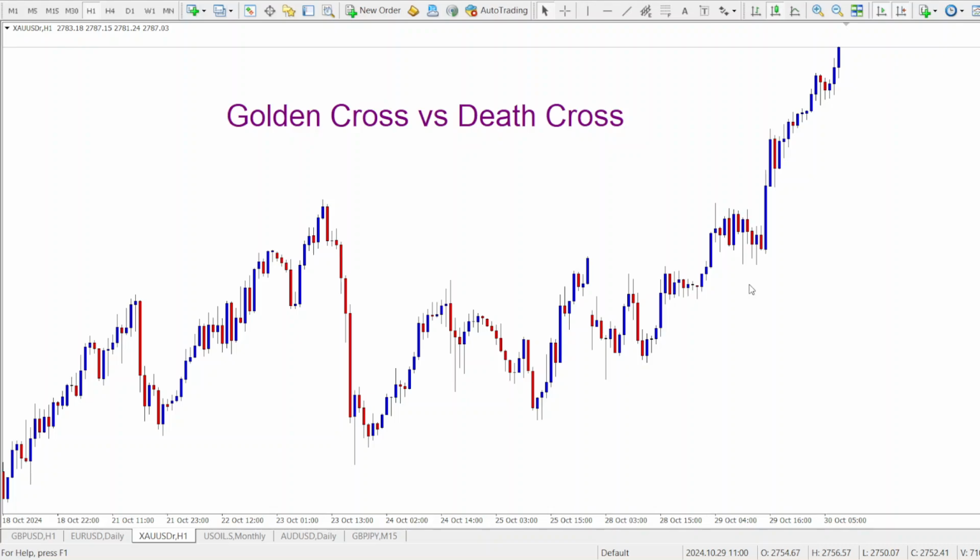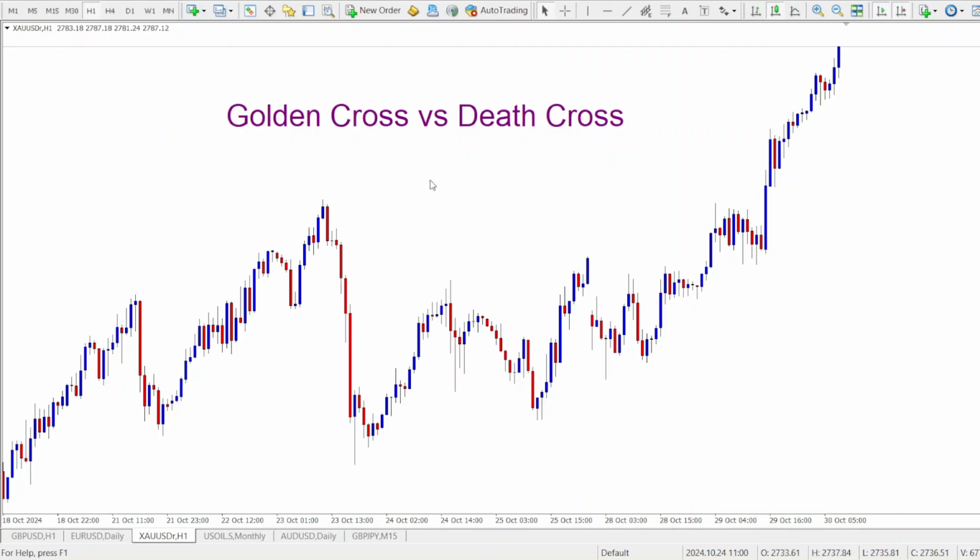Now let us get into what each of these terminologies mean, both the golden cross and the death cross, and we're going to be looking at how to spot them and how they can impact your forex trades.